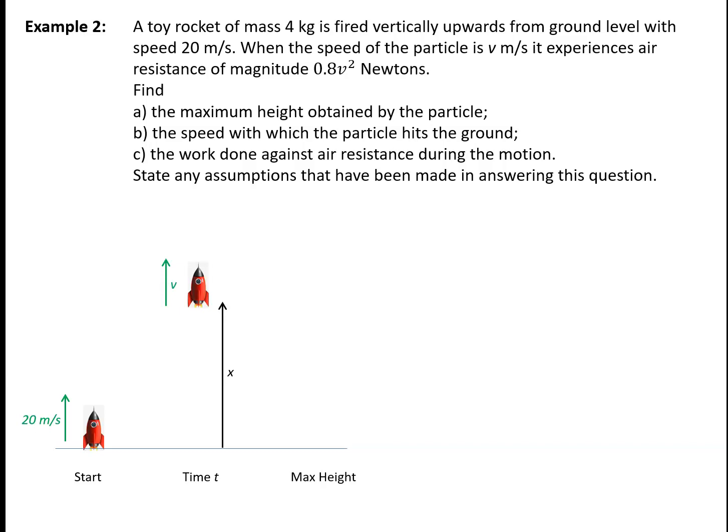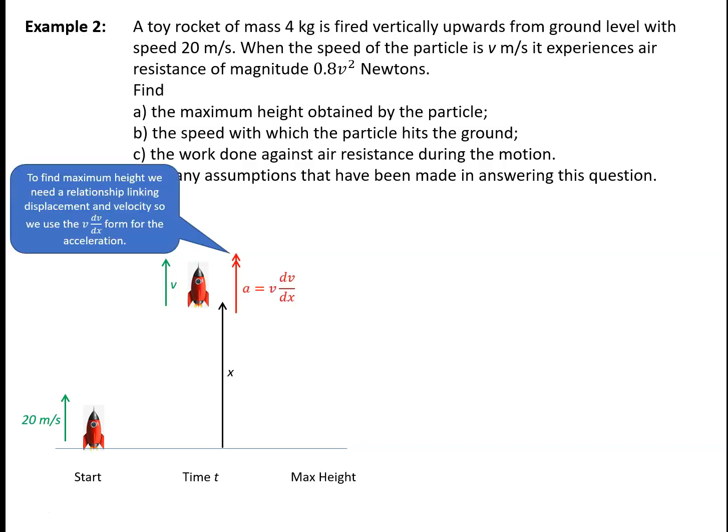And then we've got to put the acceleration on. Acceleration needs to be in the same direction as the velocity, so that's going to be upwards. We're looking for relationships linking the velocity to the distance moved, so we want to put the acceleration as v dv by dx.